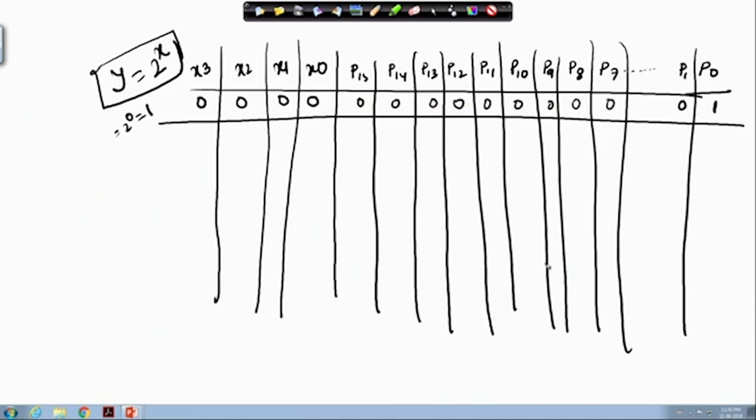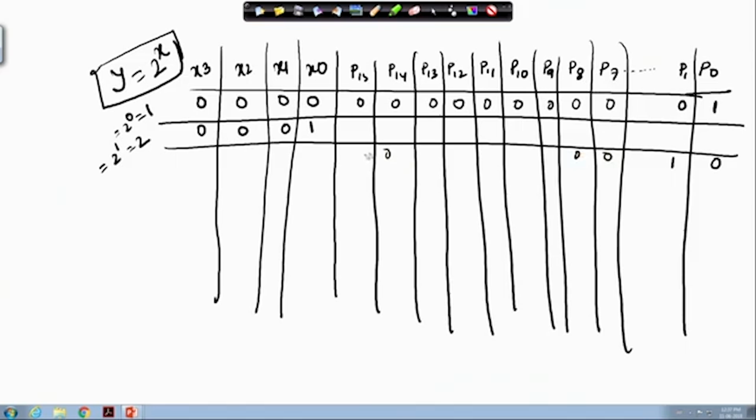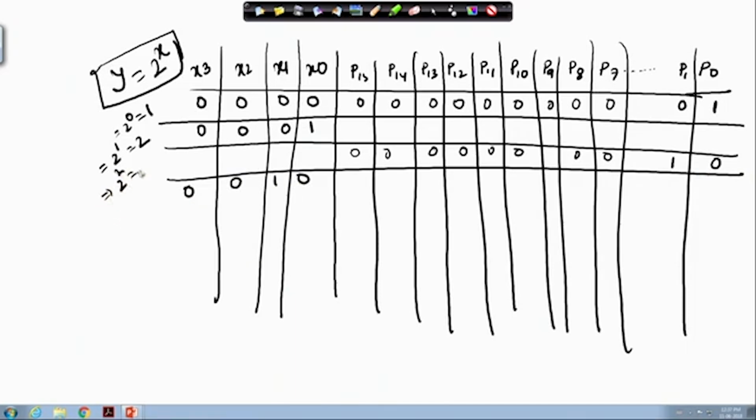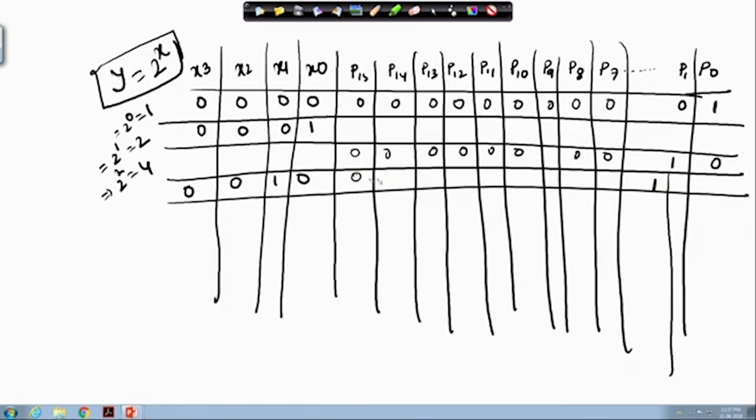For x equals 1, y equals 2 to the power 1, which means 2. That means only the P1 position is 1 and the rest of the positions are zeros. Then for 0 0 1 0, that is x equals 2, the value is 4, so only the P2 position will be 1 and all other positions will be zeros.